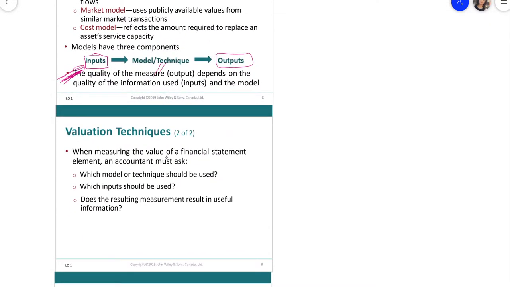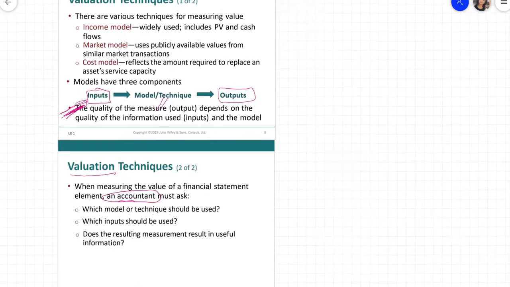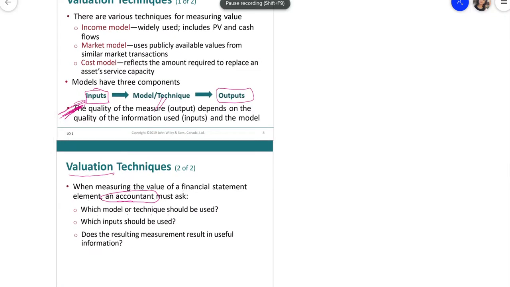When measuring the value of financial statement elements, an accountant must ask these questions before doing the valuation techniques. Which model or technique should be used? Maybe the income model is more appropriate for one situation, the market model for another, or a cost model is more appropriate.